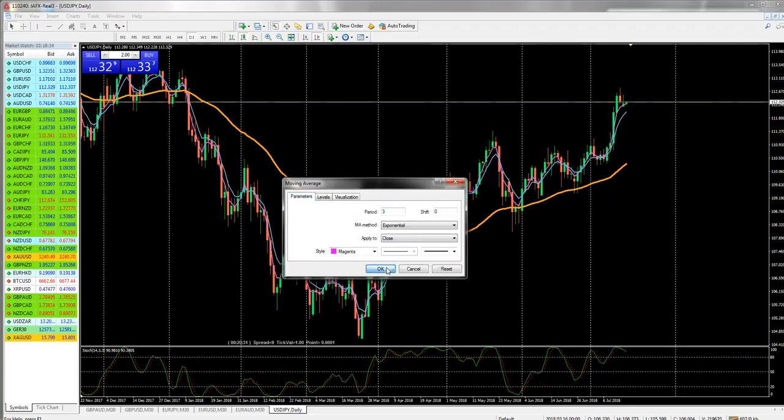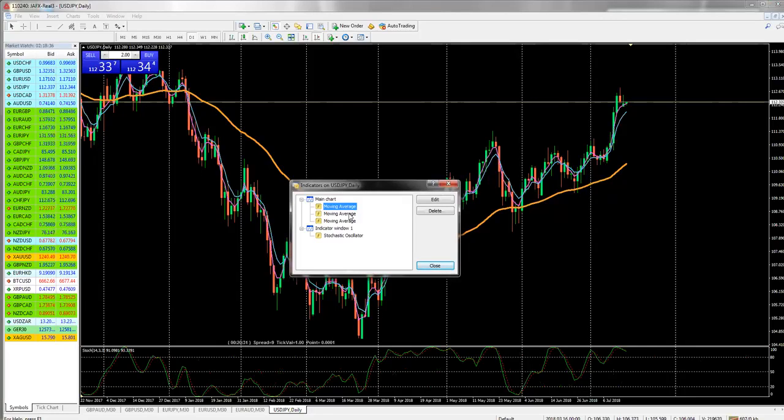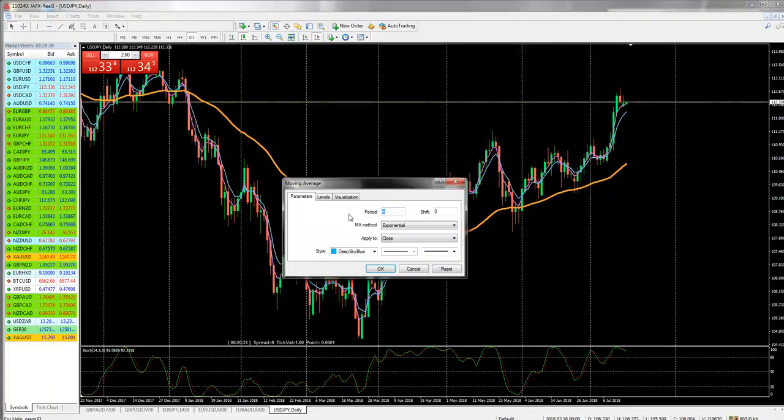Then you click OK. My next moving average, you add moving average, period 6, same thing, exponential, close. This one is baby blue. It really doesn't matter the color, but you'll be able to tell the difference between the 3, the 6 and the 50. This one is the same thickness as my last MA.